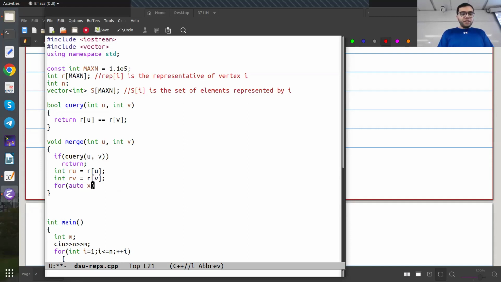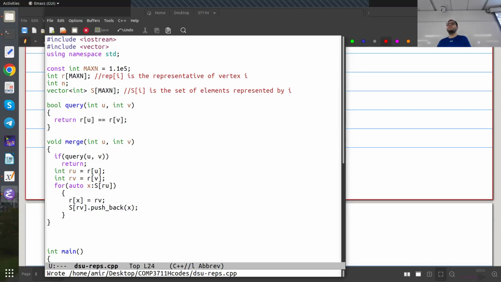So I say for every x that is in S of RU, first of all, the representative of x becomes RV, and then x also should be pushed back into S of RV. So when I'm changing the representatives of some of the elements, I don't have to look at the other elements now. I'm just changing the representatives of these elements. And of course, at the end, if you want to be really nice, you can say clear S of RU, but I don't care about that. Honestly, it doesn't really matter. You can let it be.